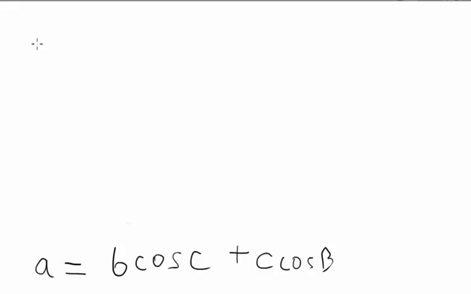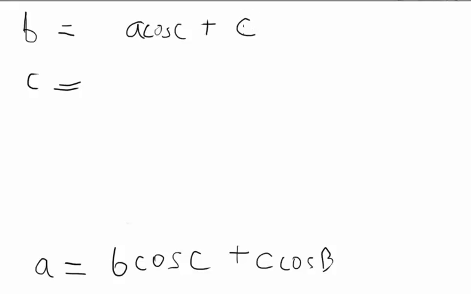If I want to repeat the same formula for the other sides, B and C, I can definitely do that. So B is equal to the other two sides: b is equal to a plus c, and since I have a here, I'll multiply this by cosine of c.